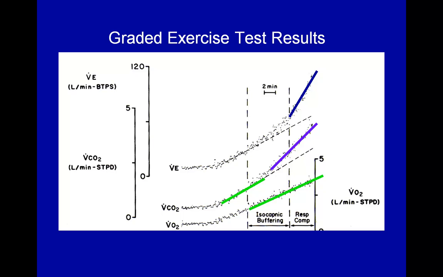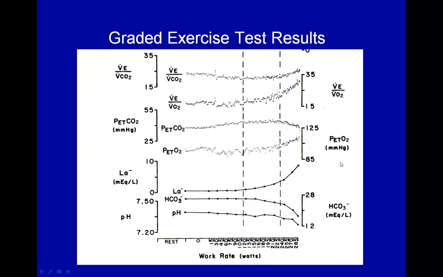That's accomplished by an increase in minute ventilation, in this case a very dramatic increase in minute ventilation to nearly 120 liters a minute, and that's blowing off a dramatic load of CO2. So the volume of CO2 that's being exhaled also dramatically increases during this period.